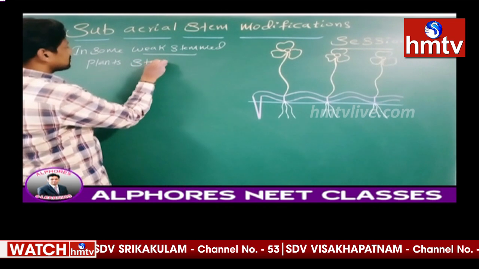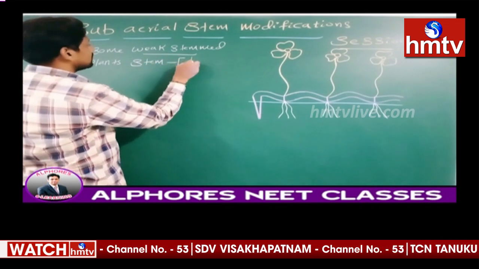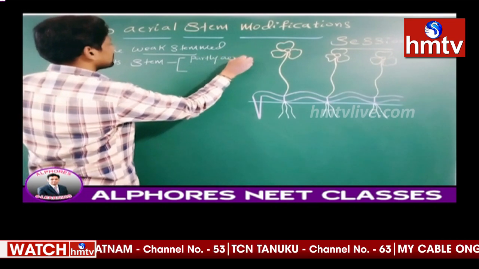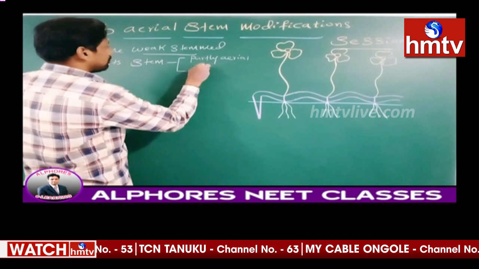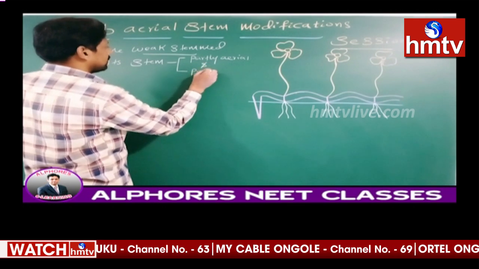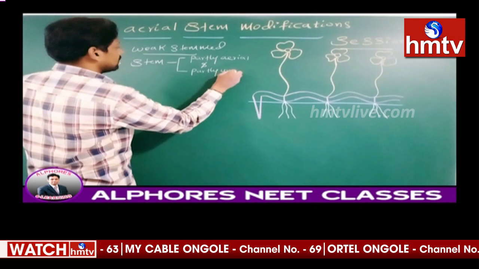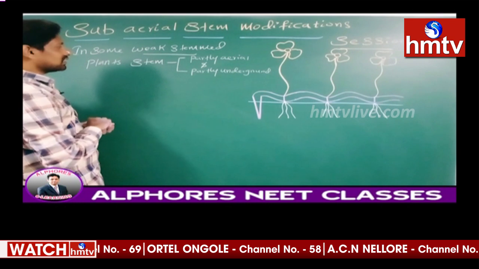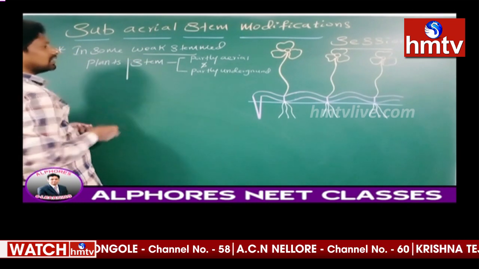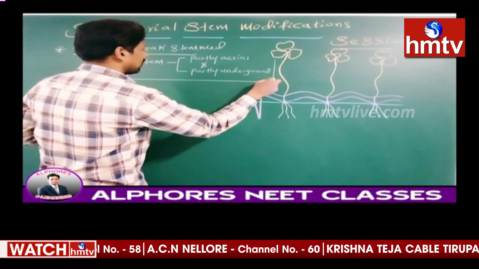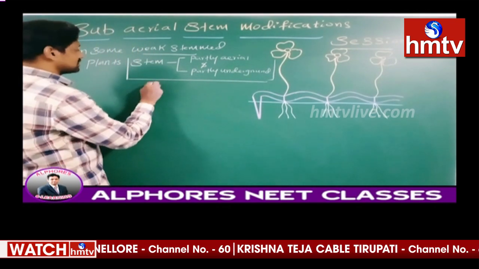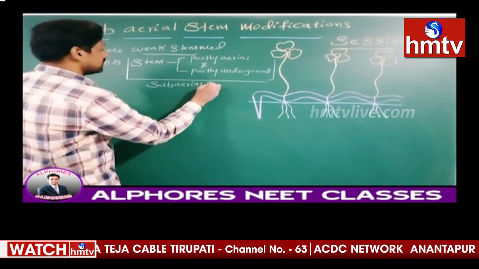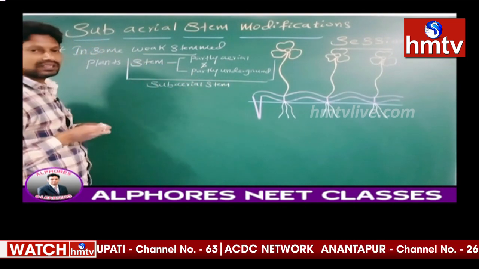The stem is partly aerial, above the surface of the soil, and partly underground, below the surface of the soil. This stem which is partly aerial and partly underground is called a subaerial stem.